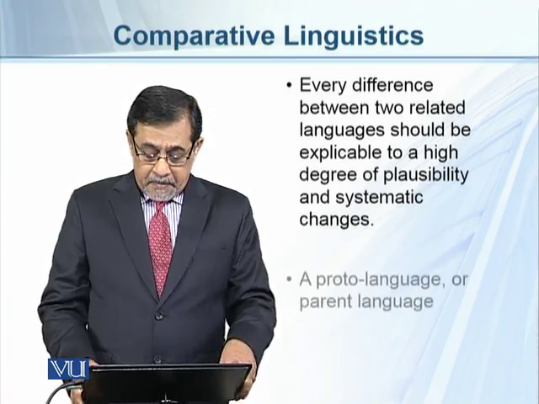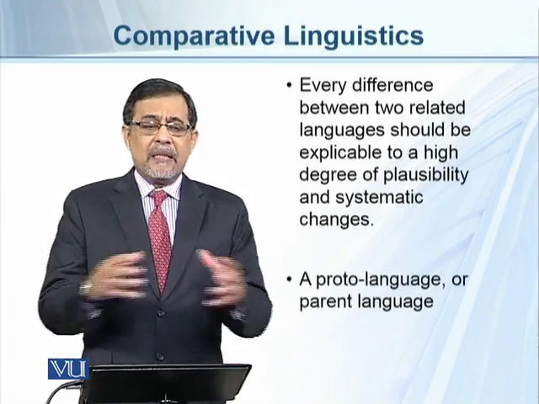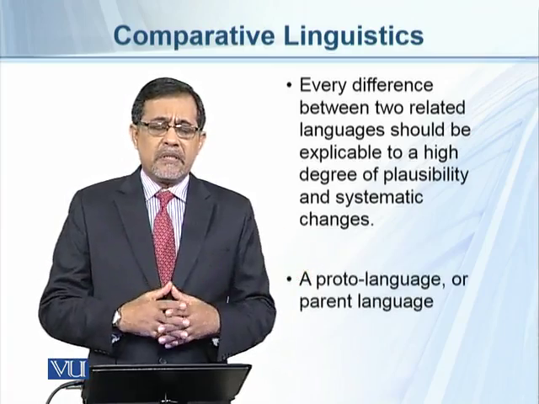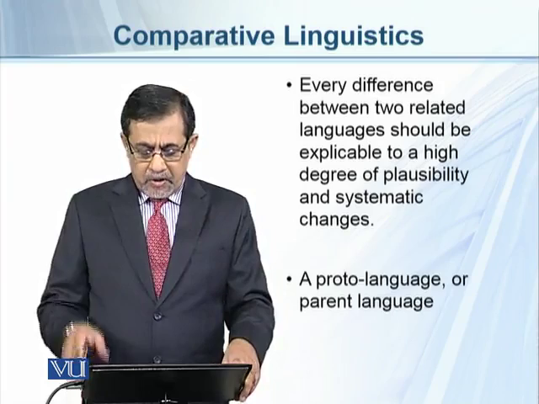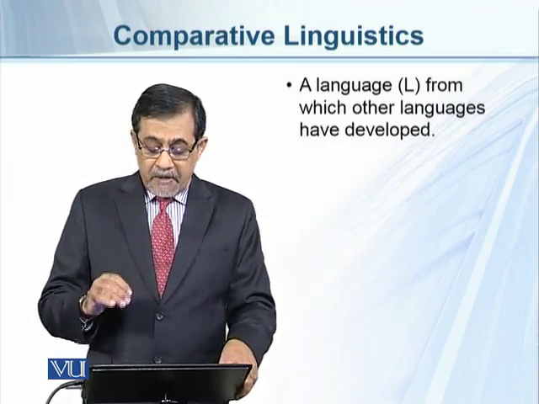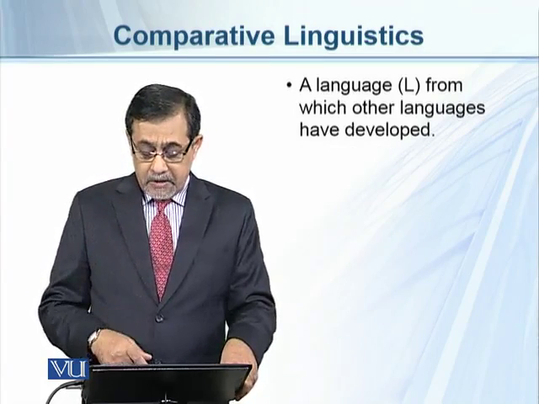So, a proto-language or a parent language. When the linguist compares languages, he reaches the proto-language, that is the main source of the language, the parent language. A language L from which other languages have developed is the parent language or proto-language.